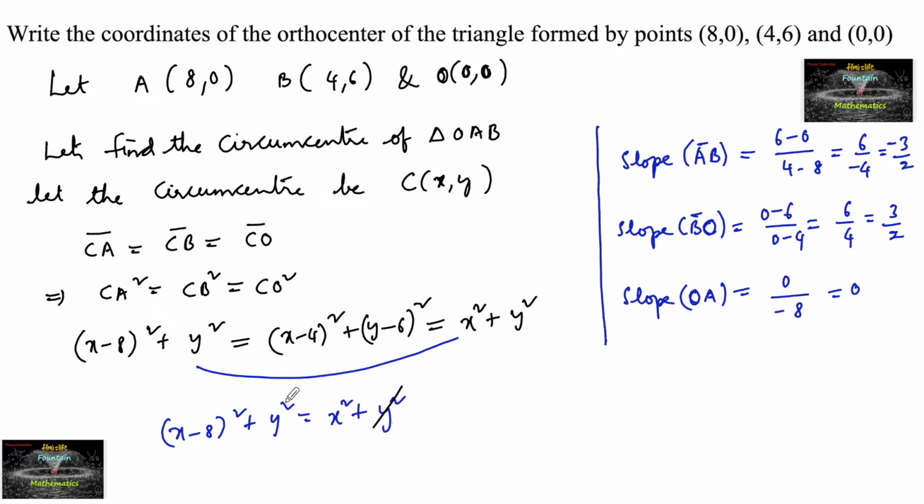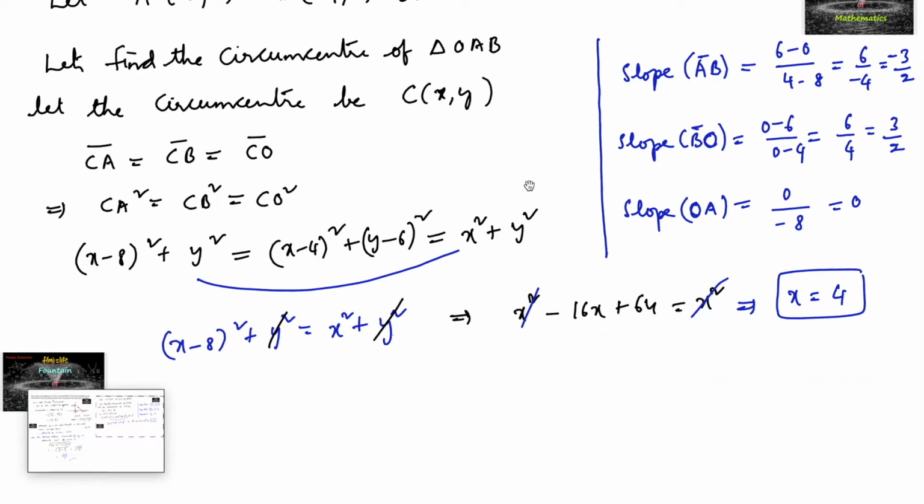So here y square gets cancelled, and on simplifying, x square minus 16x plus 64 is equal to x square, so again we can cancel x square, and we have 16x is equal to 64, or x is equal to 4. So we got x coordinate is 4, and now let us simplify by taking the second and third.